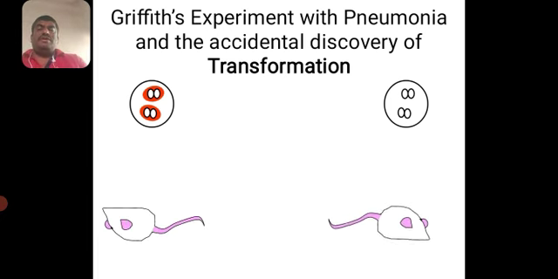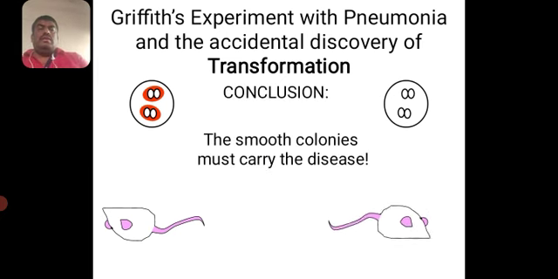Here you can see the dead mice on the left of the screen. This is because of the injection of the smooth strain. The smooth strain is virulent, disease causing, and fatal, or deadly. Further toward the right, with injection of the rough strain, the mice does not get killed. Conclusion: the smooth colony or smooth strain must carry a disease, or is deadly.